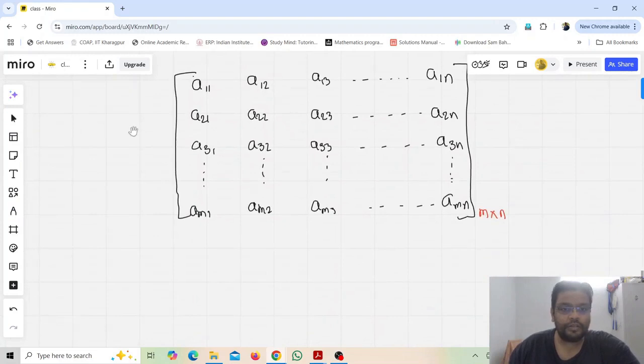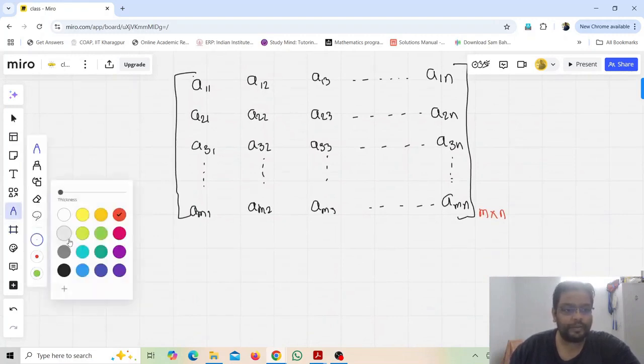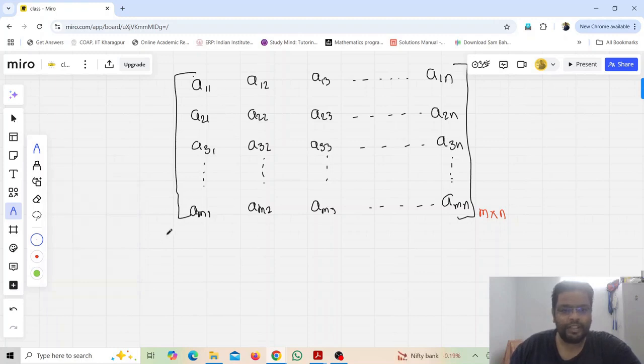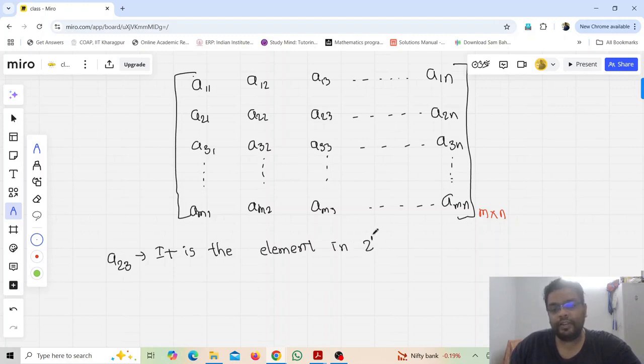So if you look at the general element here, let's consider A23. Do you see? It is the element in second row and third column, right?